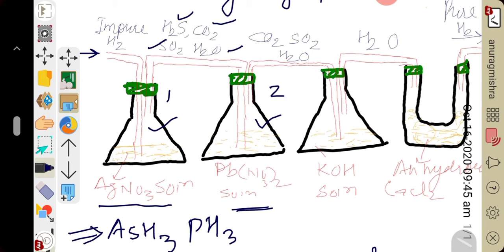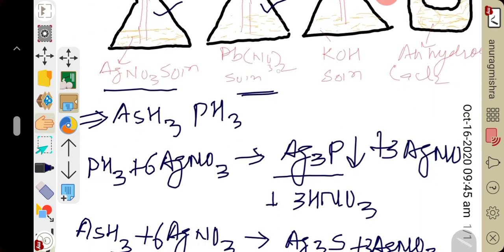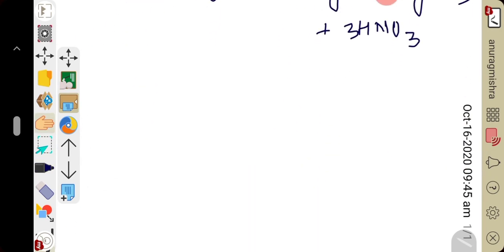Okay, now in the second step, lead nitrate solution is used to remove hydrogen sulfide impurity. Now lead nitrate and hydrogen sulfide will undergo reaction. The second flask is containing the solution of lead nitrate, Pb(NO3)2.